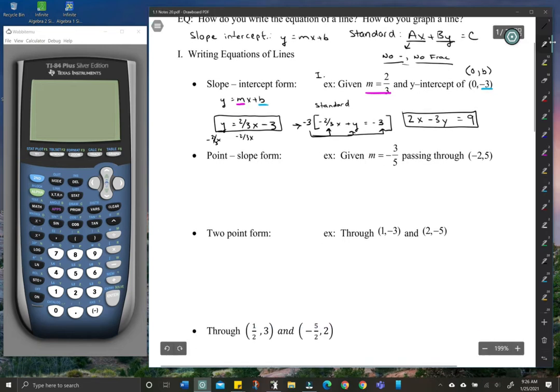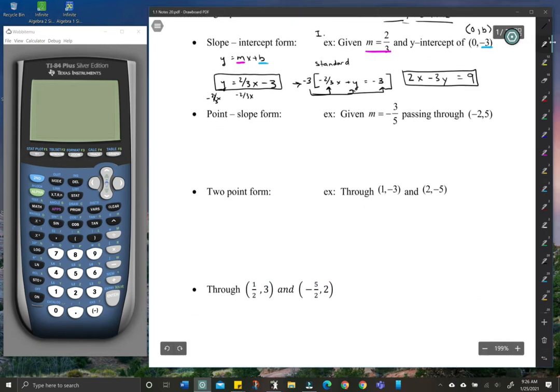Okay, next type is point-slope. If this time I'm giving you a slope and just some necessary point, it's not necessarily the y-intercept, it's just any old point. For this, we need an old tool, y minus y1 equals m times (x minus x1). That should be a little reminiscent from your Algebra 2 days. For this, x1 and y1, if you remember, are the coordinates of the point.